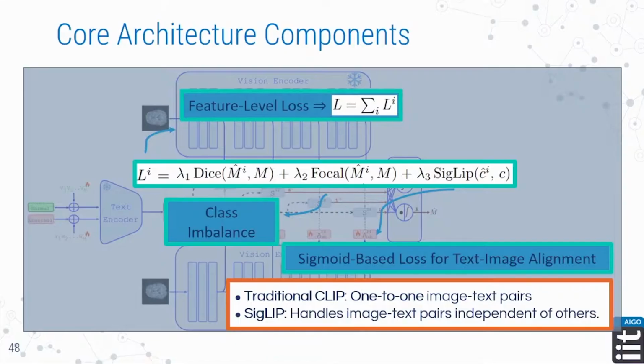And the SegLIP is a loss used essentially to consider independently the pair between the text prompt and the image, differently from the traditional CLIP loss, which takes into account all the classes, and the result is also dependent on the other classes. In this case, SegLIP instead calculates the similarity between the image-text pairs independently of all the others.